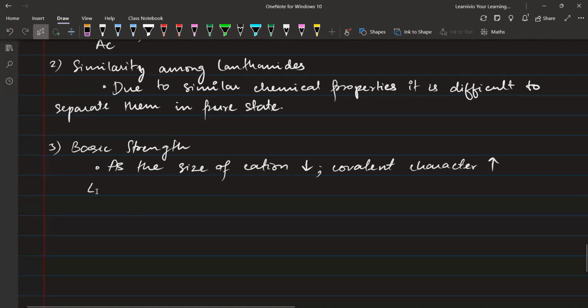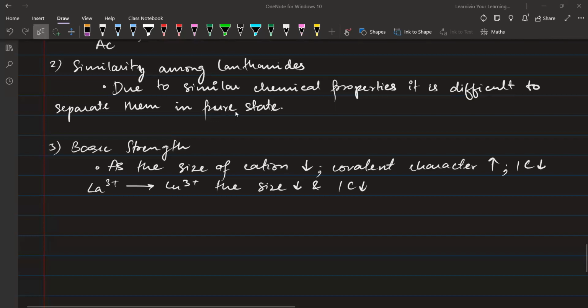Now, if we are moving from lanthanum 3 positive to lutetium 3 positive, the size decreases because of lanthanide contraction. The size decreases and covalent character is increasing. What does that mean? So we can directly say as we go from lanthanum to lutetium, the size decreases, and due to that, ionic character also decreases.